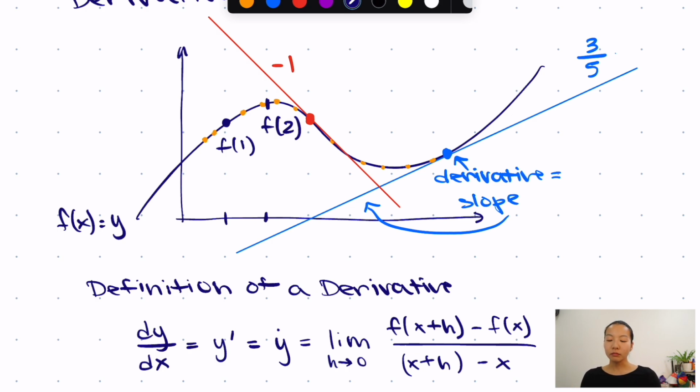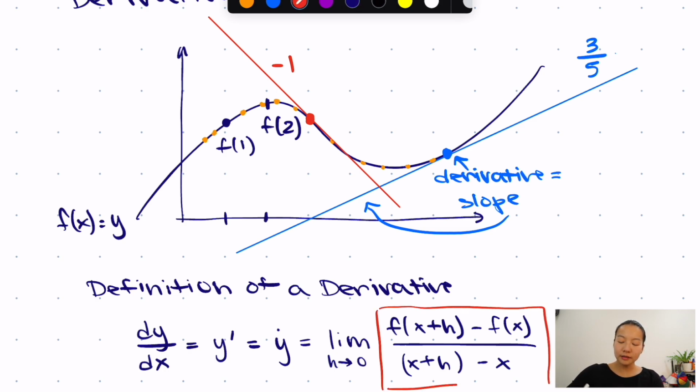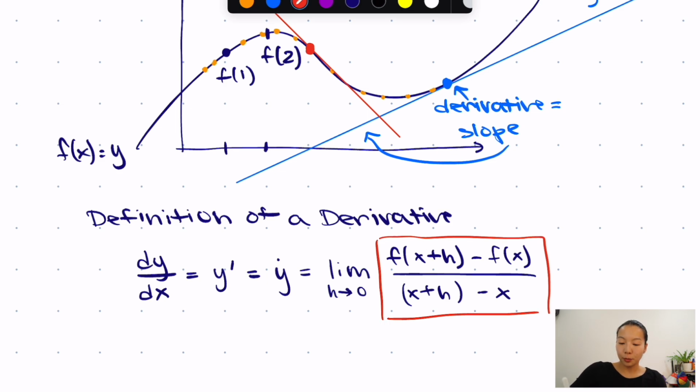Understood? Now, what this part here is, well, this is slope. It's a change in y over some change in x.